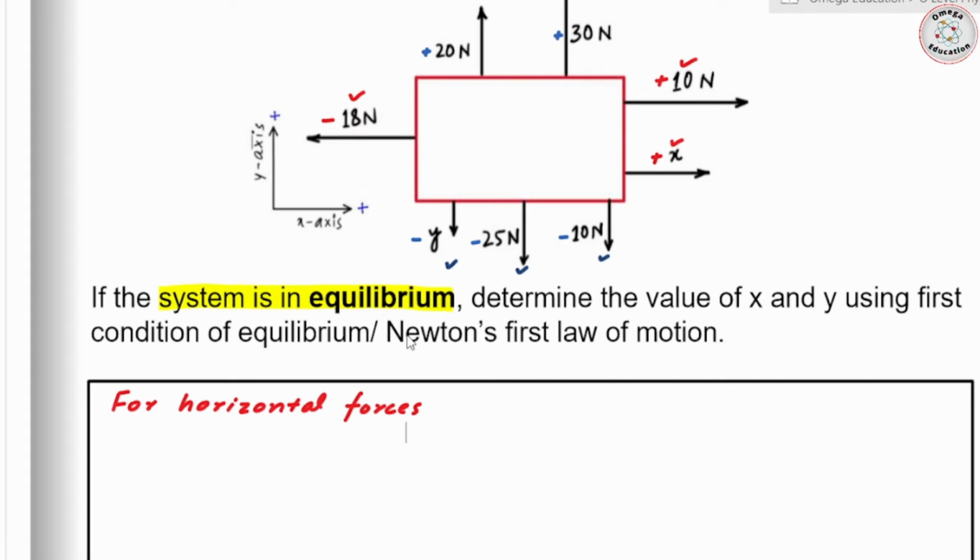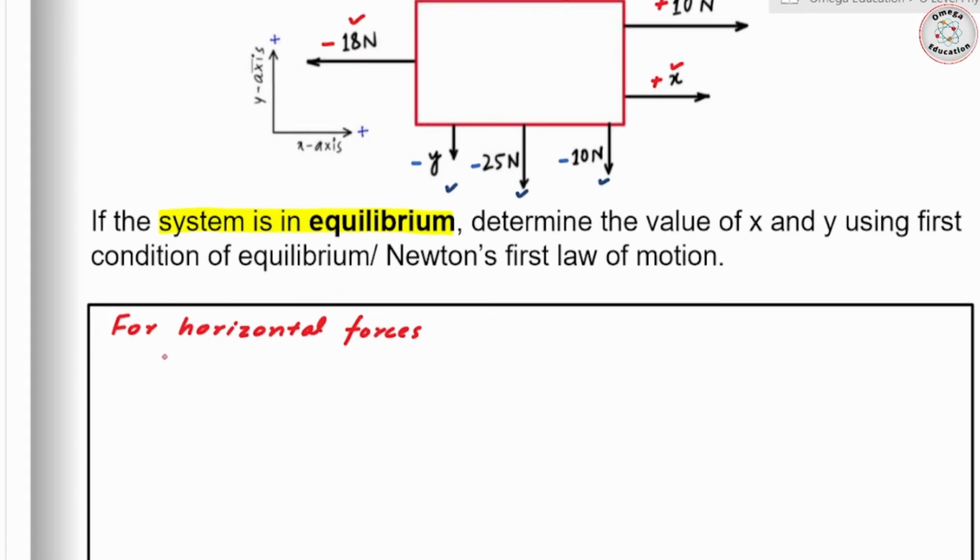Two forces are there on the right side, 10 Newton plus x Newton, and one force is there on the left side, which is 18. So x equals 18 minus 10, which is 8 Newton.